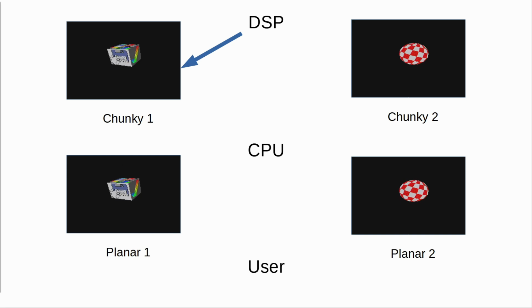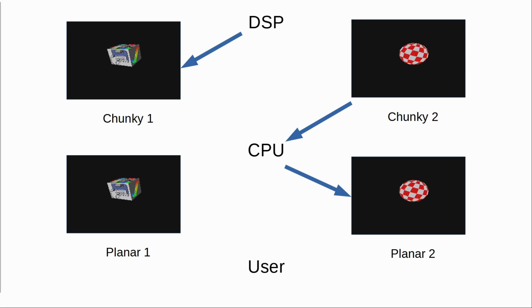And while that is happening, simultaneously the CPU looks at the other chunky screen, chunky 2, and converts that using a chunky to planar algorithm to fill planar screen 2 at the bottom right there.